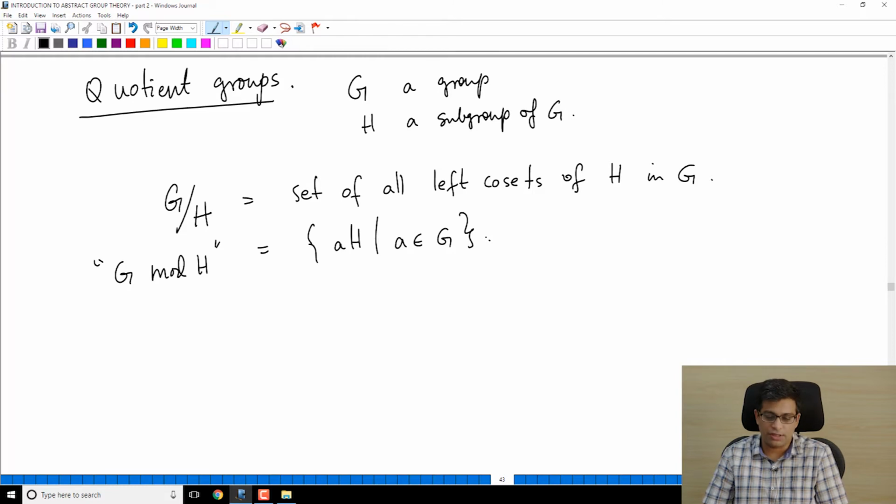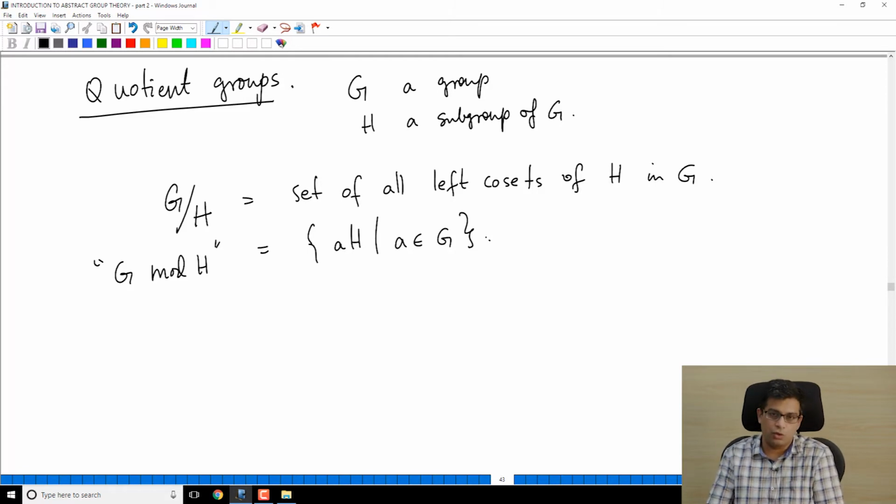For example, when G is the group of integers under addition and H was some subgroup of the form nZ, and I think we worked out the case of 4Z in our example. The set of left cosets was a finite set actually, and we listed them.